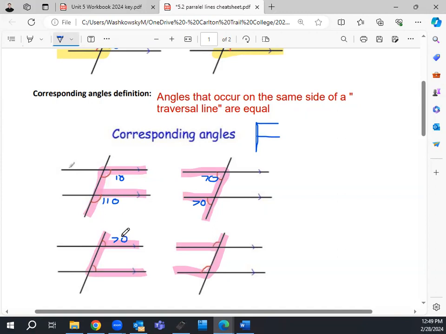If this one up here is 70, that would mean this one over here is 70. So again, our corresponding angles, we're looking for an F.